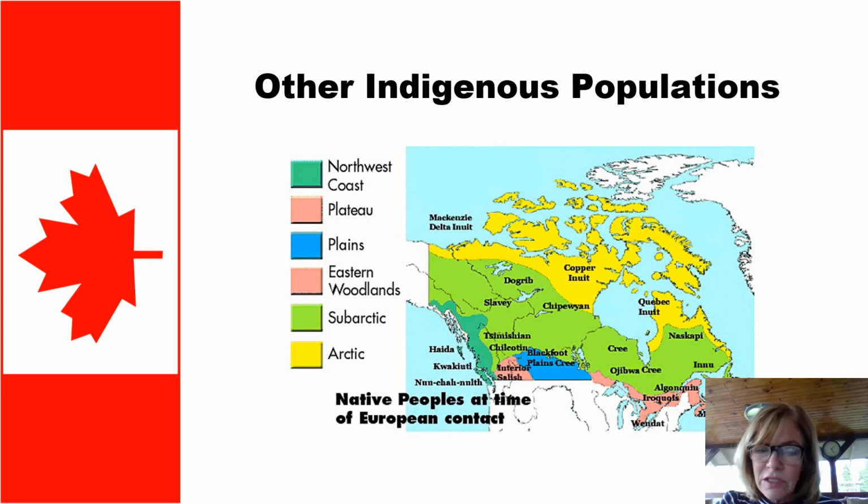Okay, there are other indigenous groups too that we oftentimes forget. So if you look down here, these are kind of the traditional tribes that the Europeans encountered when they came into what is now the United States, the Algonquin, the Iroquois. There'd be the Mohawk too. But then you also have the Cree, right, the Ojibwa, and then the Blackfoot and the Plains Cree, right?